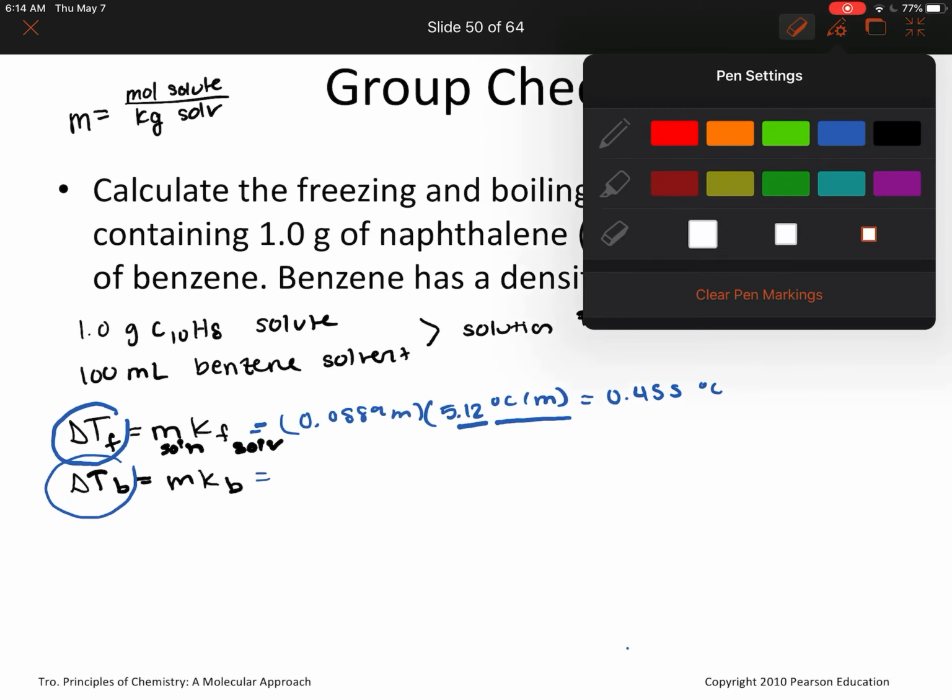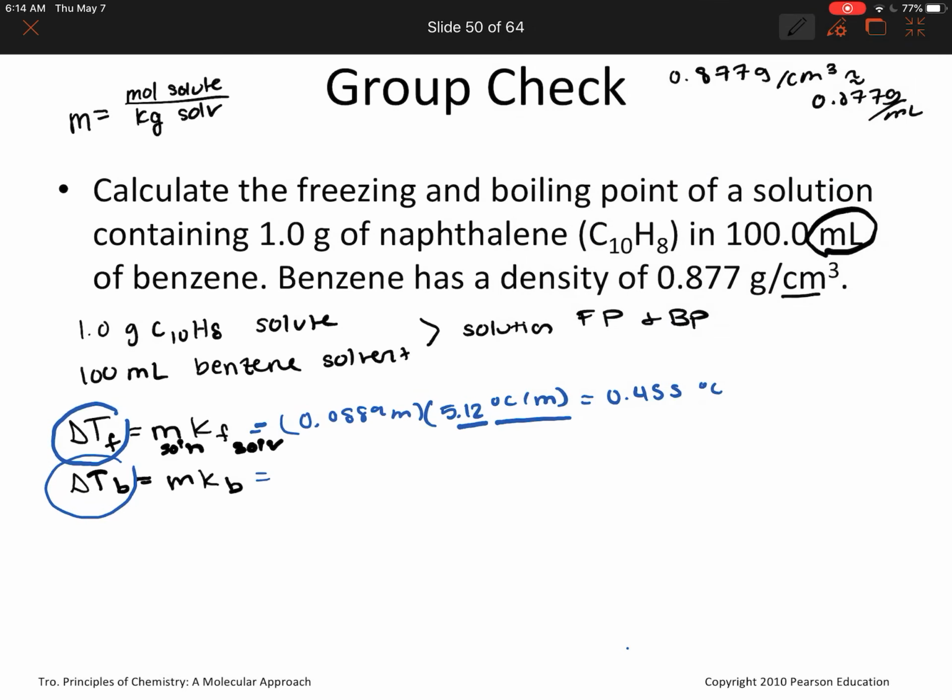Okay, so now let's try it for our boiling point. So now we already have our molality, and we need to use the boiling point constant to solve for the boiling point elevation. Now again, not making the same mistake twice, I'm looking for the boiling point constant of benzene, which is 2.53.